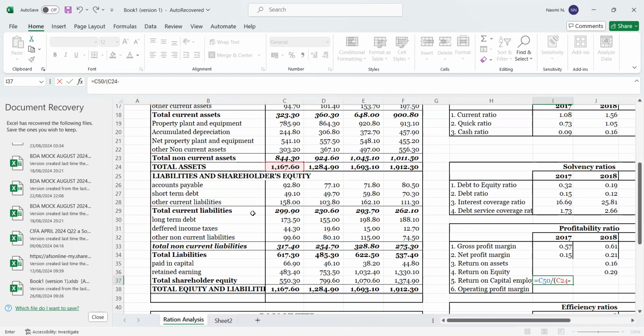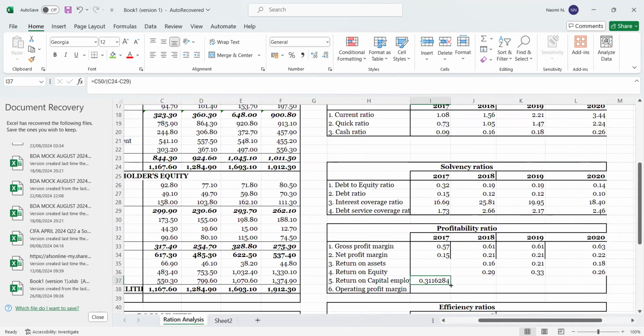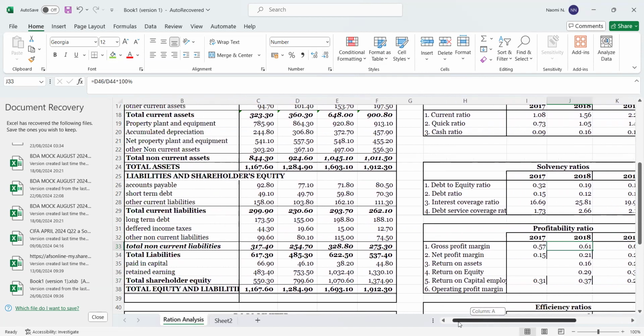We go to total current liability. Okay, that is it.